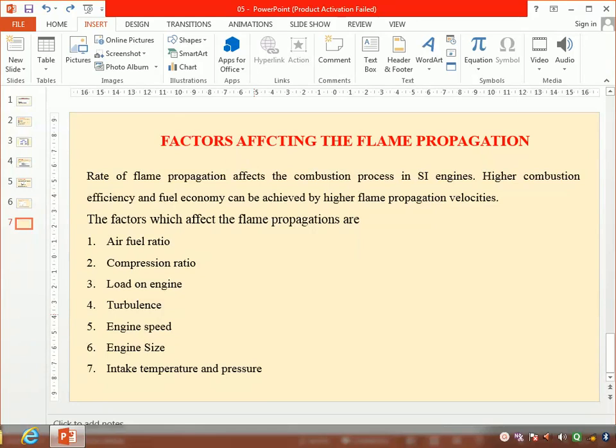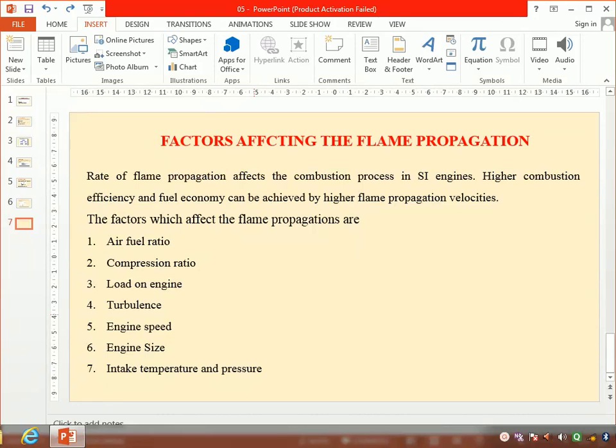So first we will see the air fuel ratio. If the air fuel ratio is rich, then the flame speed is higher. If the air fuel ratio is lean, then obviously the flame speed is lower, because a lean mixture means less fuel, and less fuel means the temperature is lower.